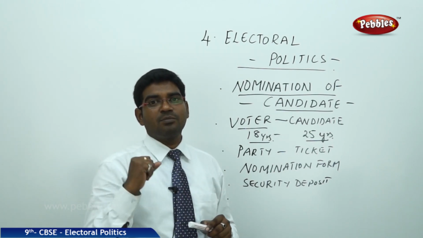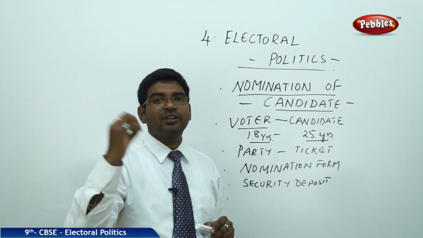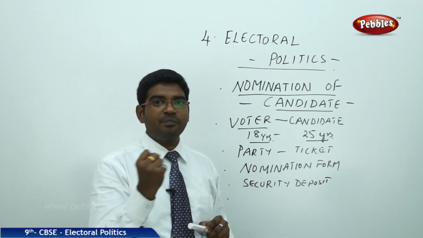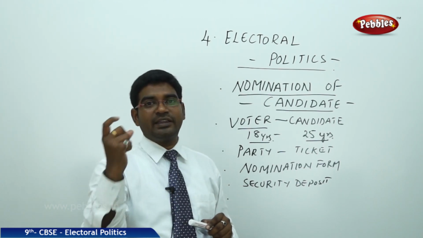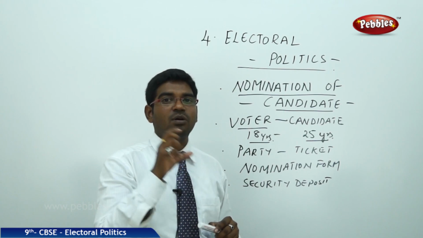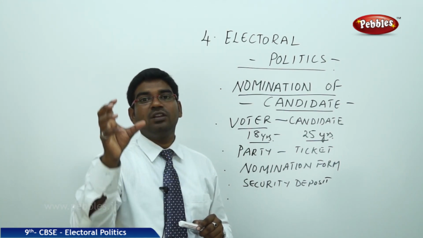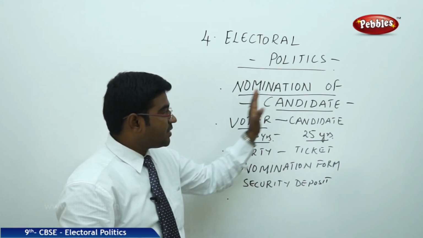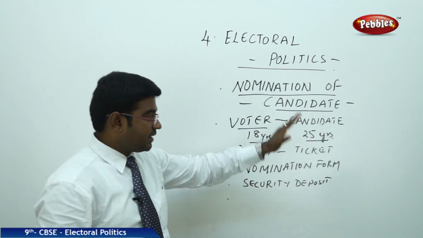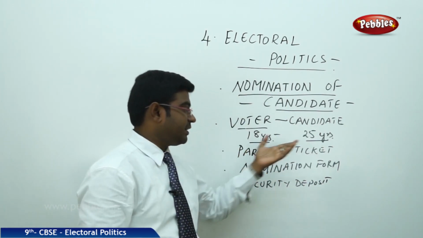So for example, Chandrababu Naidu of TDP is contesting in a particular place, Kuppam in Chittoor district. So the party will confirm the ticket of Chandrababu Naidu and the party will allot the party symbol to that particular candidate. So once a party confirms a candidate, the ticket that is confirmed is known as the party ticket.